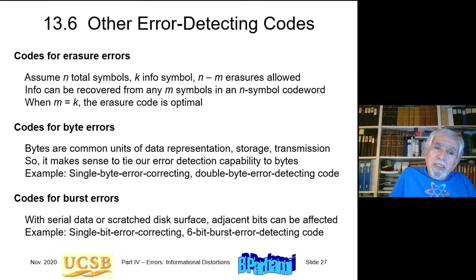Okay, so on this slide, I've just listed a bunch of other codes that you may have heard about, but we won't discuss them in this course. First of all, we have codes for erasure errors. Erasure errors are easier to deal with.